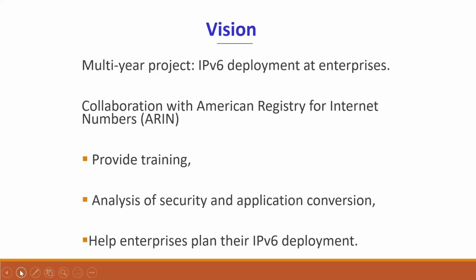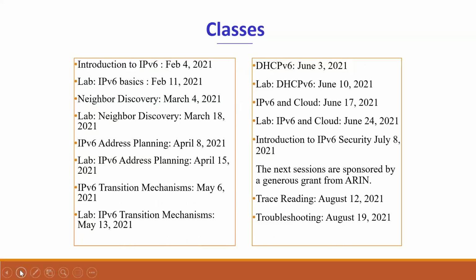We're trying to do IPv6 deployment, in particular for enterprises, a very different focus than what others have, which is oftentimes just for ISPs or the general population. The problems of large enterprises are quite different.